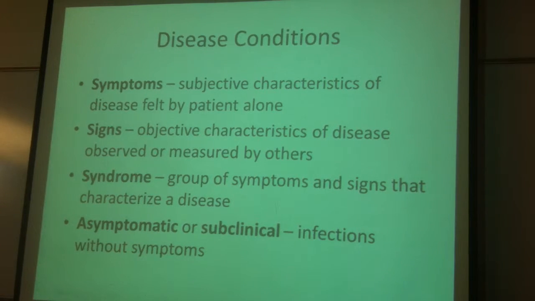The wart was this big, the rash was this big, or whatever. Syndrome, you combine what the patient tells you with what you can actually physically see, and together it starts to characterize the disease. And you can also have some of the diseases that are asymptomatic, so right there, a, without symptoms, okay? Or subclinical. So just knowing some of that vocabulary, you can start breaking things down.